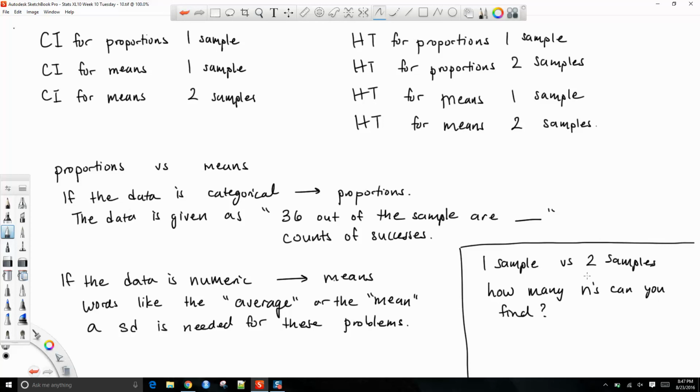When you're reading a problem, if you can only identify one sample size, one n, then it's going to be a one sample problem.